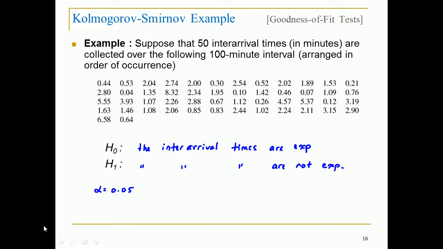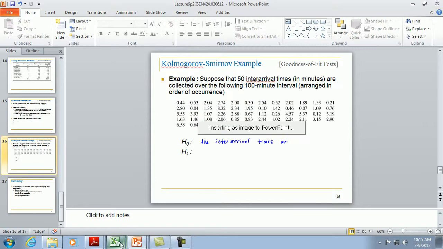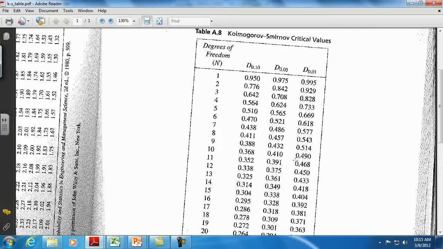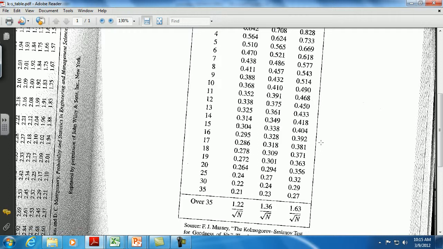So we can compute our tabulated value for this. Since we have 50 observations, if you look at the table, in order to get the tabulated value for the KS, I apologize for how the table is presented.